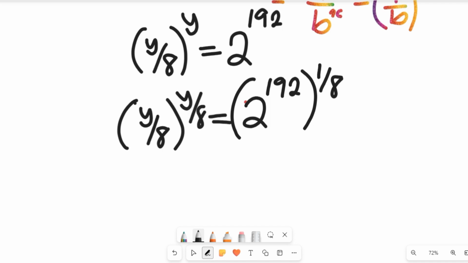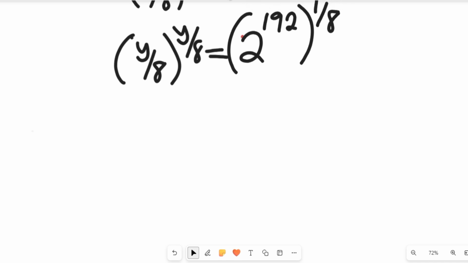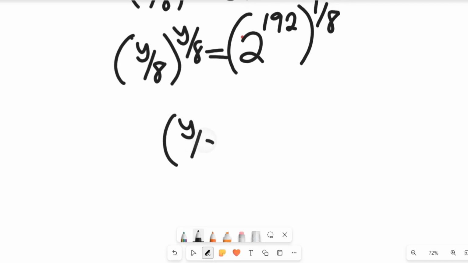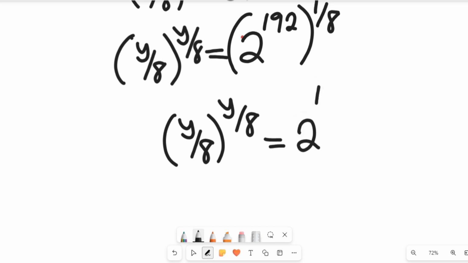Great. So that expression will now give me y divided by 8 multiplied by y divided by 8, and this will be equal to 2 to the power of 192 divided by 8. Now, if we divide this, this becomes 24, right?